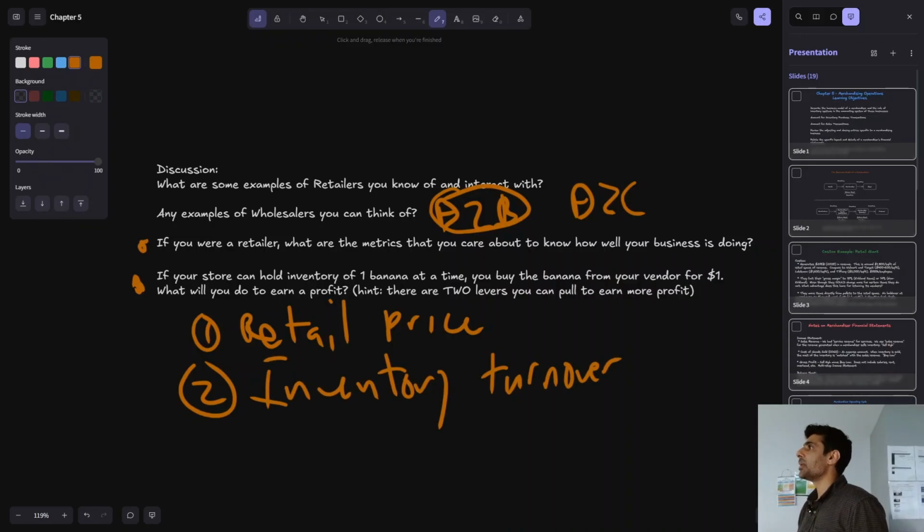All retailers are limited in how many items they can store in inventory. So there are some, let's say, luxury retailers that are going to charge a higher price, but they're going to sell less stuff. They're trying to make higher gross margin.